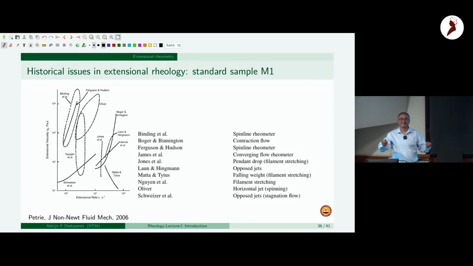That can get represented only if you do a very large deformation. If you do a small step strain, then the polymer chain is not really undergoing the deformation that is representative. So the response you will get will still largely be representative of what happens during shear itself.